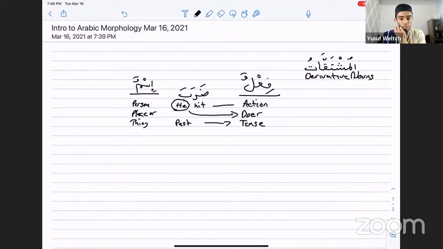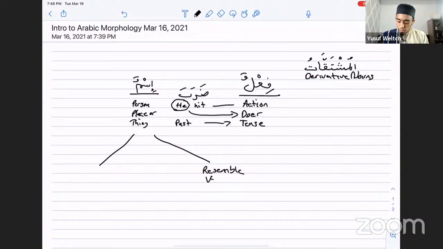So it's very different from the fi'l. However, there are types of nouns. There are nouns that resemble verbs, and then there are regular nouns.